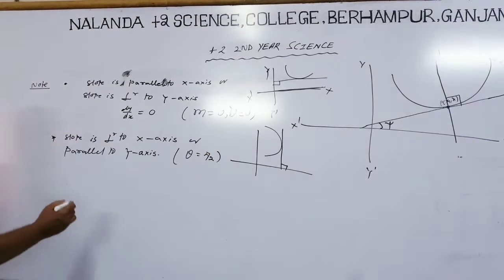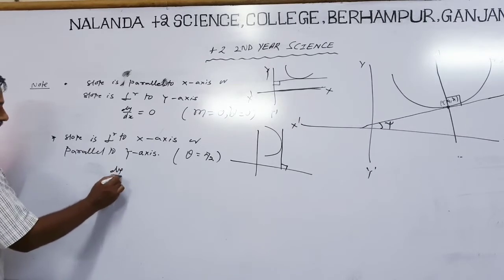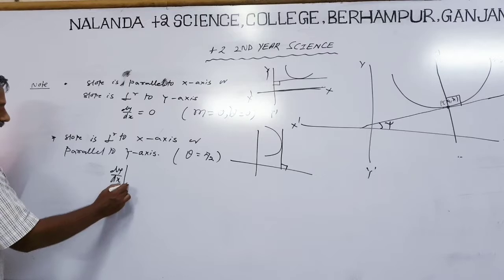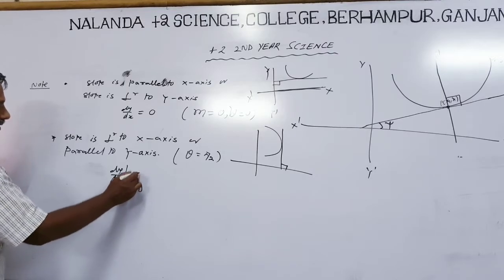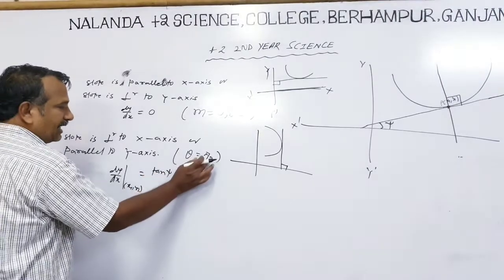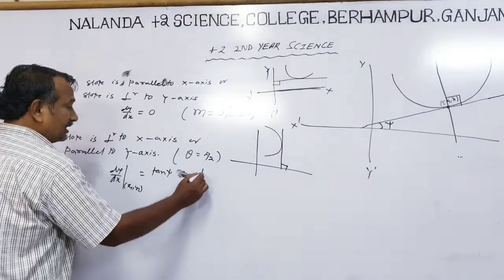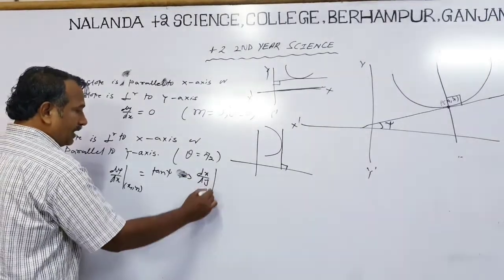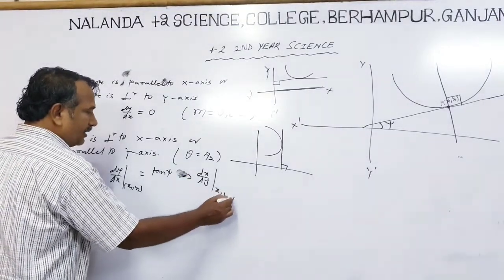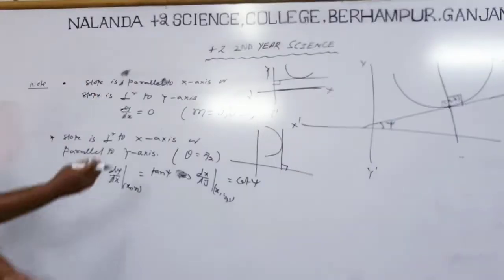That means dy by dx at x1, y1 equals tan 90. Or you can write dx by dy at x1, y1 equals cot theta, because 1 by tan theta equals cot theta.